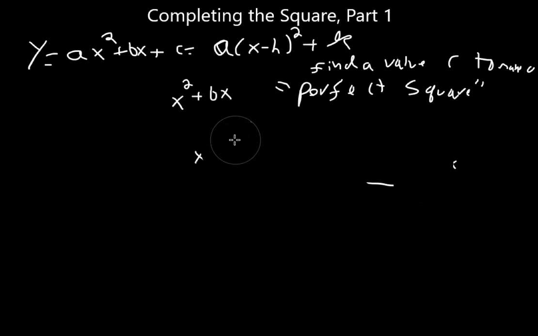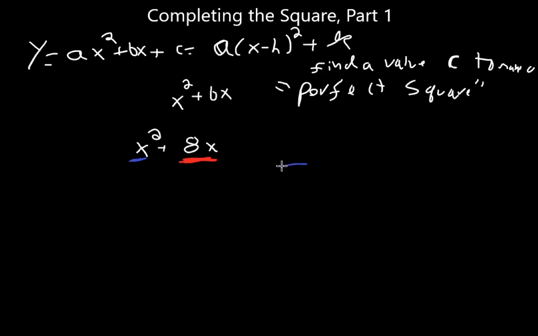So say we have the function x squared plus 8x. And we want to find a value c that will make it a perfect square. Well, why don't we start by just drawing a picture of this using kind of a rectangle. So how can I represent this using geometry?